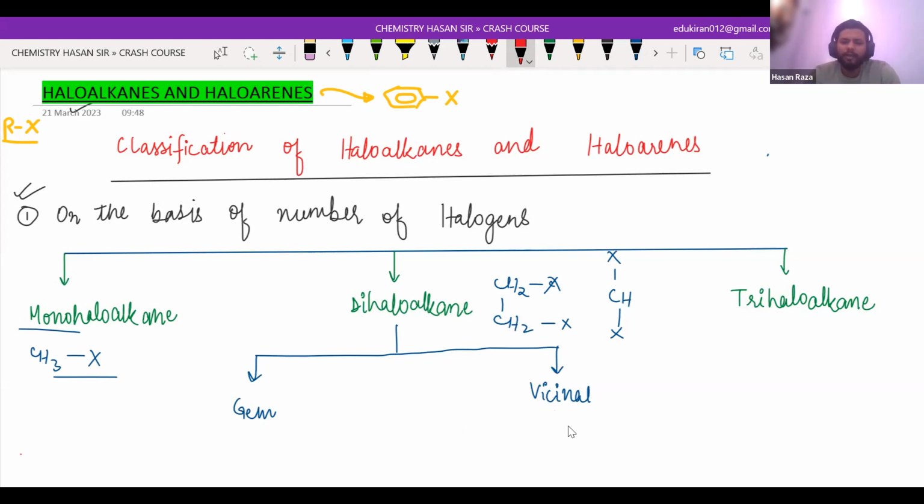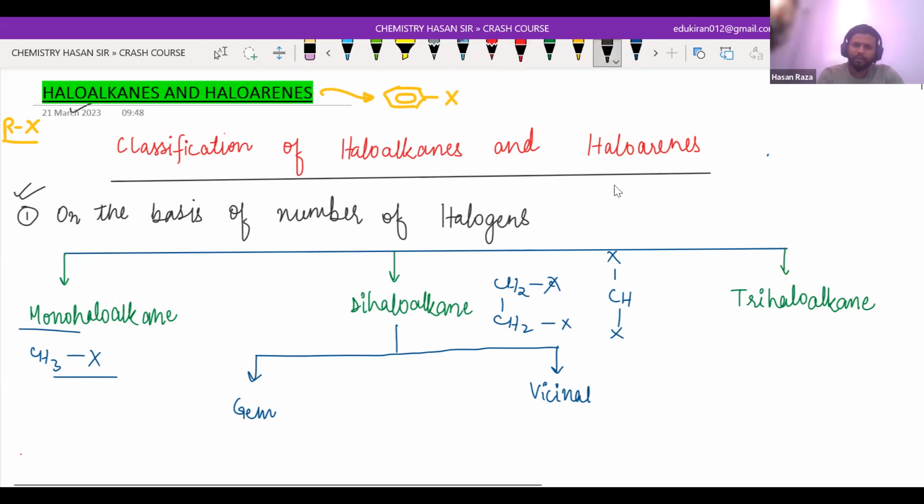So can anyone tell me what is geminal dihalide and what is vicinal dihalide? Vicinal means the halogen is connected to a carbon next to the carbon which already has halogen. That is called vicinal.